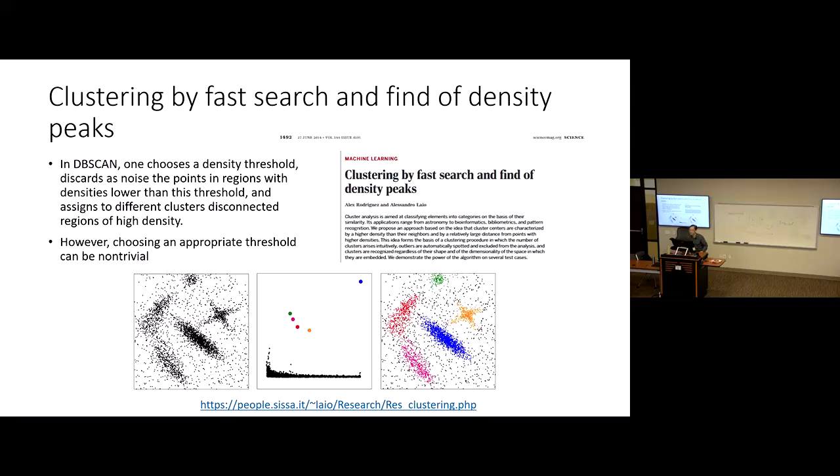Later on, and I believe this is year 2014, another publication tried to improve some of those, to find the density peaks and then have some pre-processing of the data before running the DBSCAN.